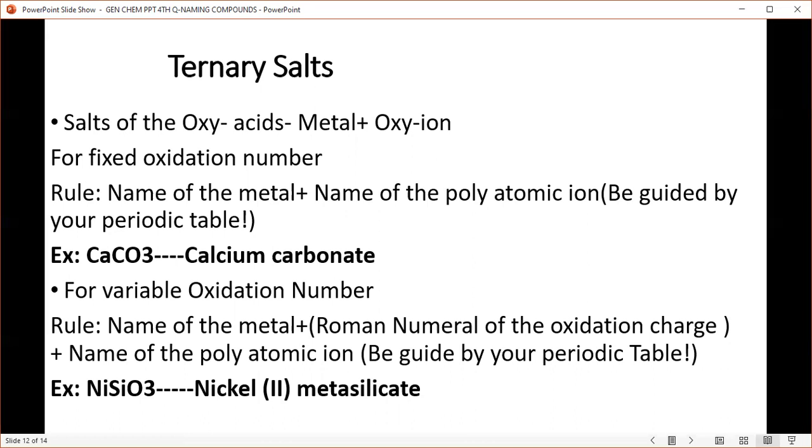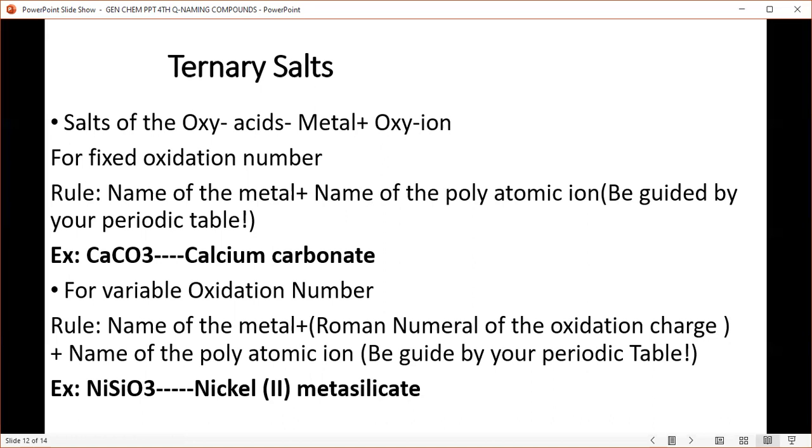Which means the oxidation charge we are using for nickel is +2, because SiO3 has -2. If you get the algebraic sum of +2 and -2, it will be equal to 0. Which means no subscript was added.